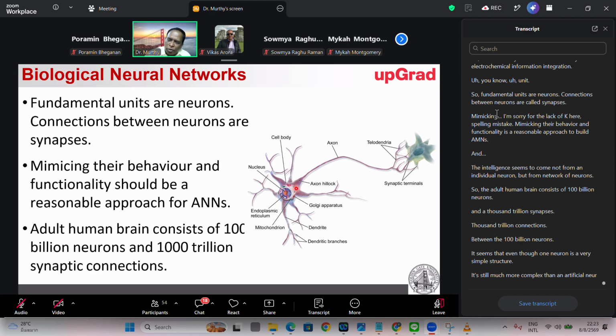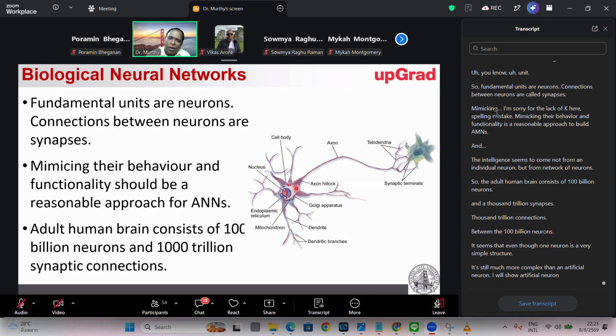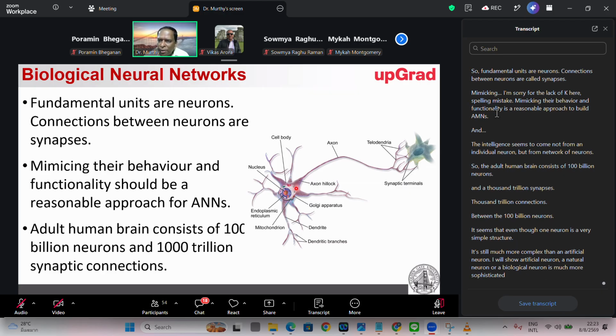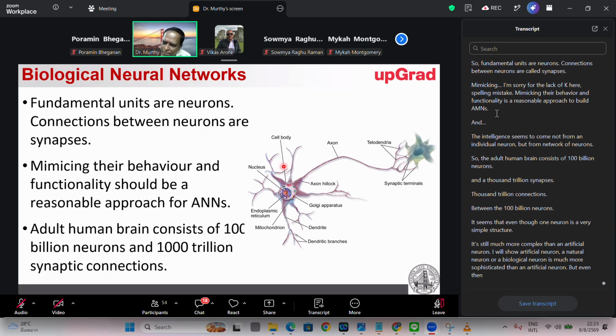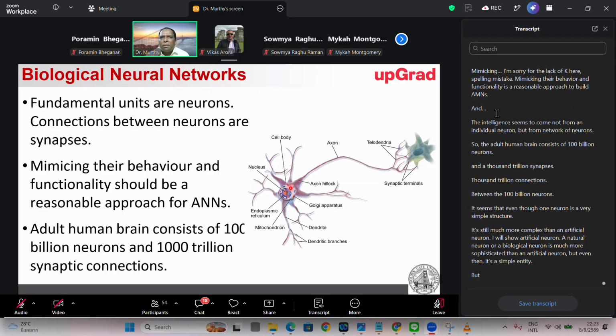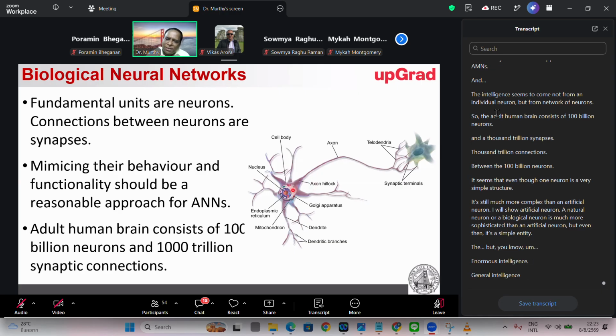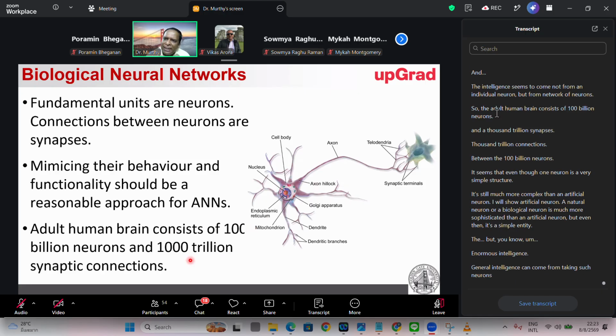I will show an artificial neuron. A natural neuron or a biological neuron is much more sophisticated than an artificial neuron. But even then, it's a simple entity. Enormous intelligence, general intelligence, can come from taking such neurons, a large number of them, and connecting them up.